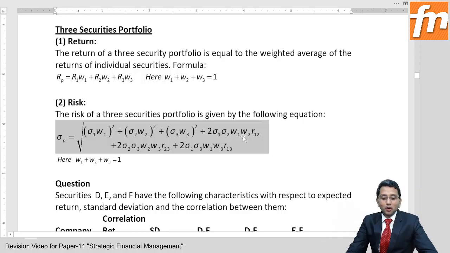This is the 1 and 2 combination. Then 2 and 3: sigma 2, sigma 3, W2, W3, R23. And then 1 and 3 combination: sigma 1, sigma 3, W1, W3, R13.